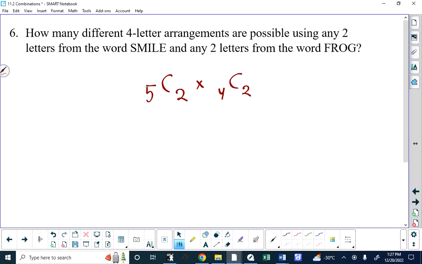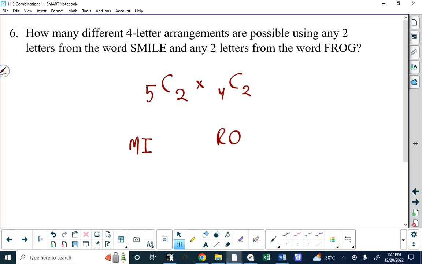Is there anything else I need to do? What else needs to happen here? Let's say you choose M and I, and you choose R and O. What are we asked for?